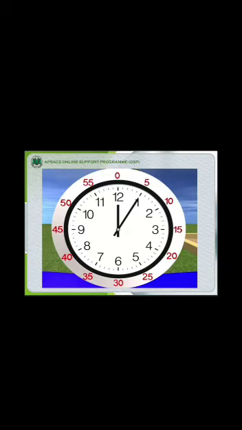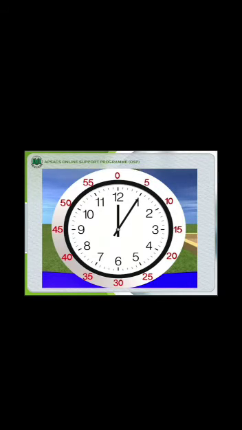Dear students, look at this clock. Here the hour hand is at 12, and to find out the minutes we have to count by 5. Here 1 is 5, 2 is 10, 3 is 15, 4 is 20, 5 is 25, 6 is 30, 7 is 35, 8 is 40, 9 is 45, 10 is 50, 11 is 55 and 12 is 0.